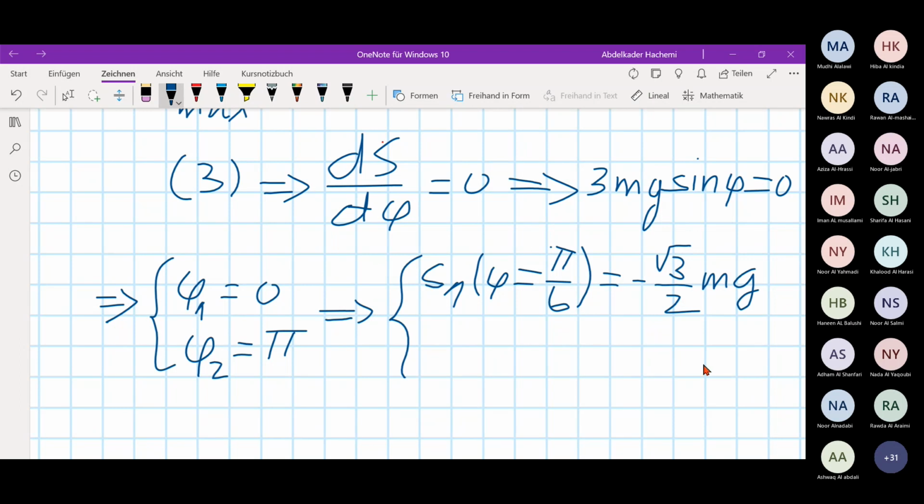And the second case, S2, for phi equal to pi.